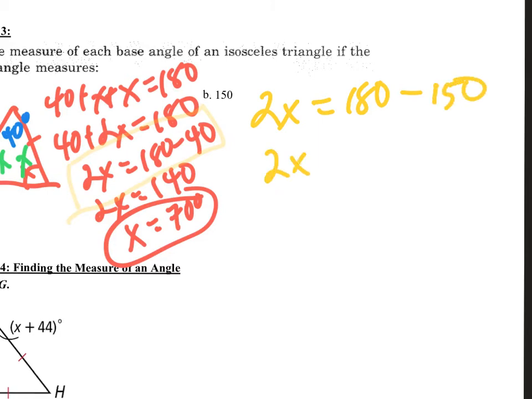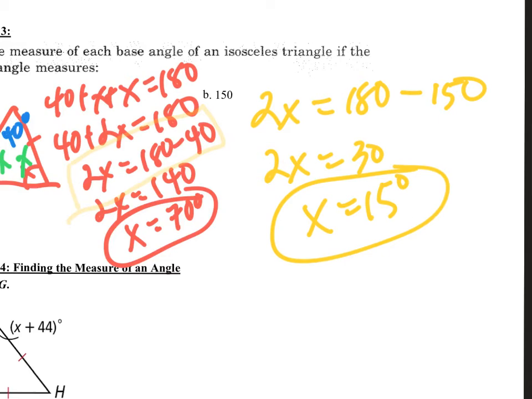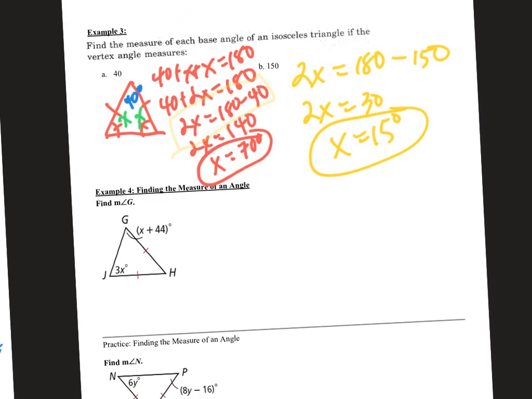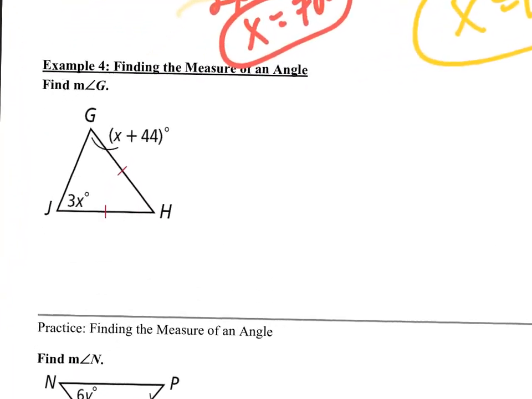So I have 2x equals to 30 degrees. Divide by 2 on both sides. When I divide by 2 on both sides, I get x equals 15 degrees. So that's a little shortcut that I can use in order to help me find my base angles if I'm given my vertex angle. Okay, let's try this out.